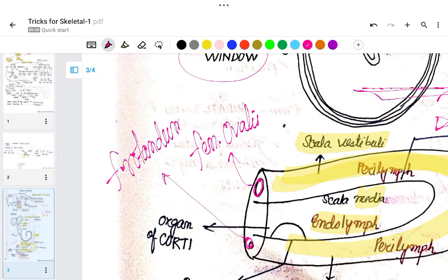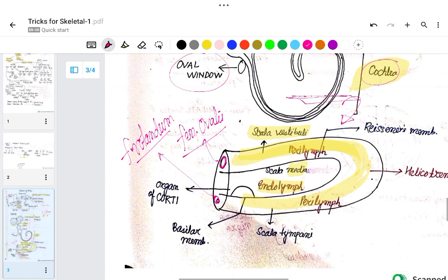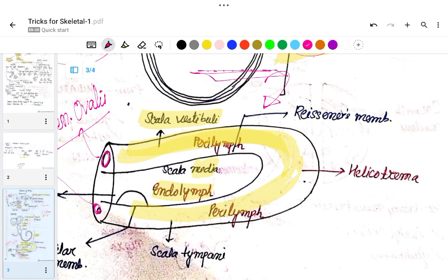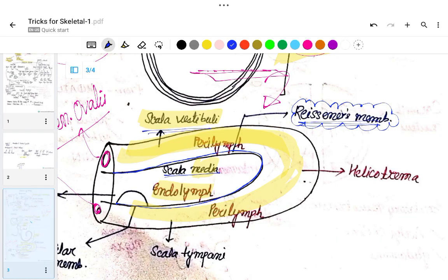And this membrane separating the perilymph and the endolymph, that is the scala vestibuli and the scala media, is the Reisner's membrane. This is the internal anatomy of the inner ear.